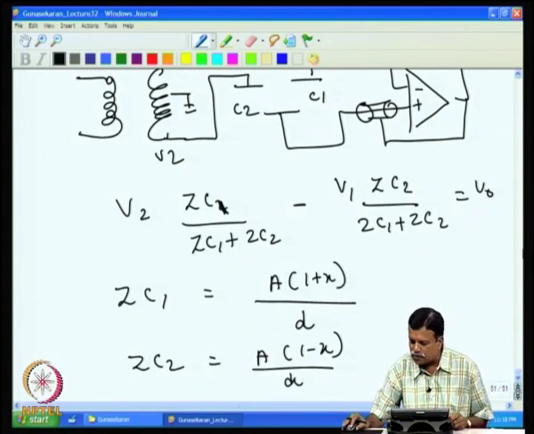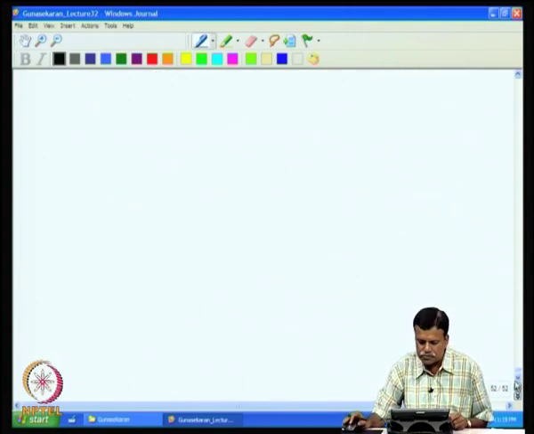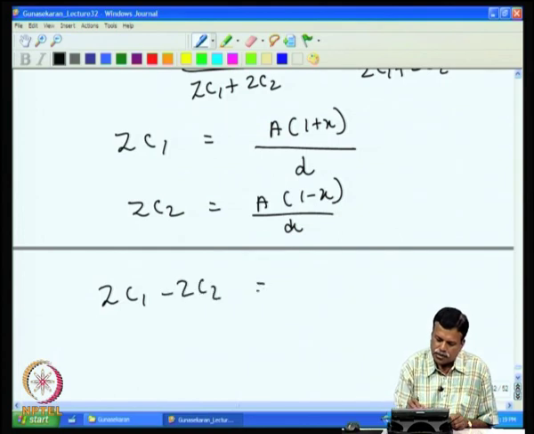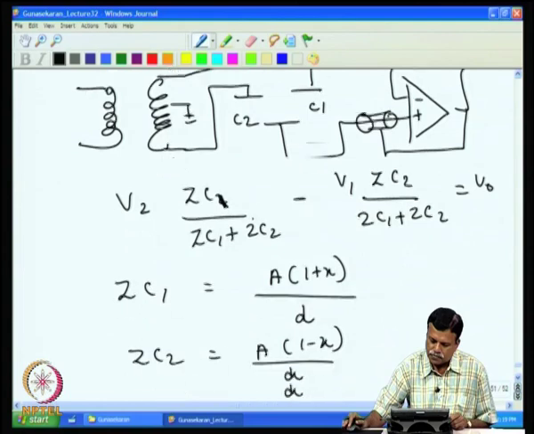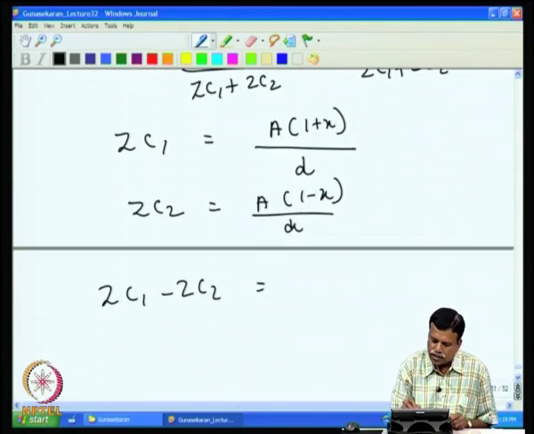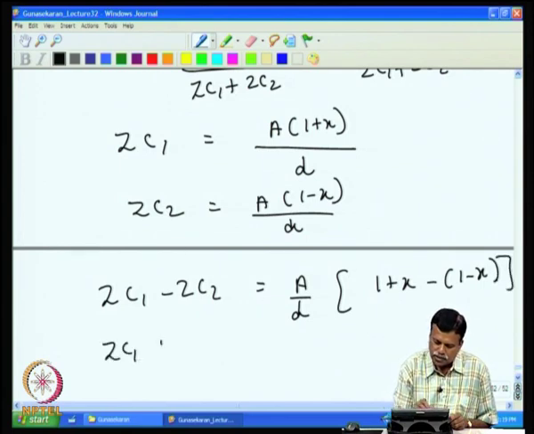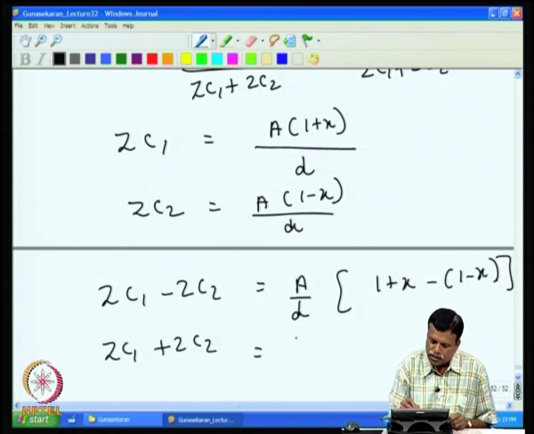If you simplify, ZC1 minus ZC2 will turn out to be A by d, which is common, times 1 plus x minus 1 minus x, and ZC1 plus ZC2 will turn out to be A by d, a constant, times 1 plus x plus 1 minus x.